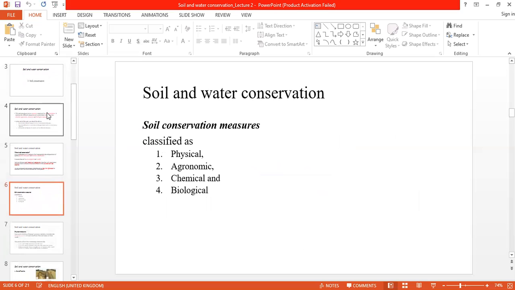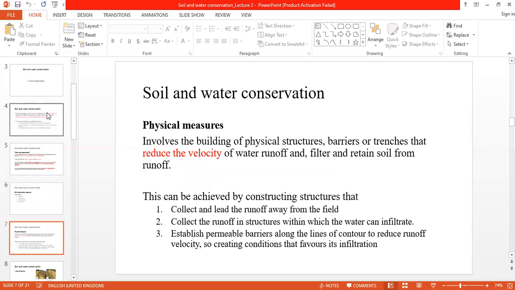So as we said, soil conservation measures can be classified as physical, agronomic, chemical, and biological. So we'll go through them one by one. So the first category we will look at is the physical measures.